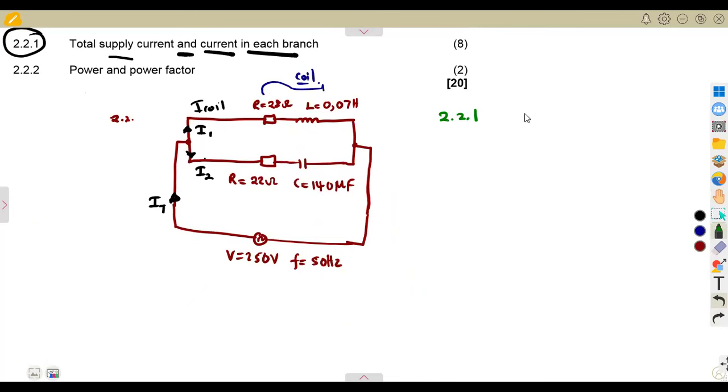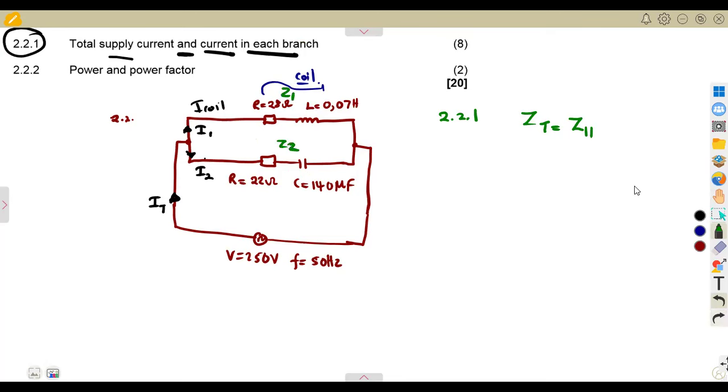So to find the total impedance, this is a parallel combination that we are seeing. So our total impedance is the parallel impedance that we are having. Considering the Z coil, we can just consider this as Z1 or just Z coil. It's up to you. So I'm just going to consider Z1 and Z2.